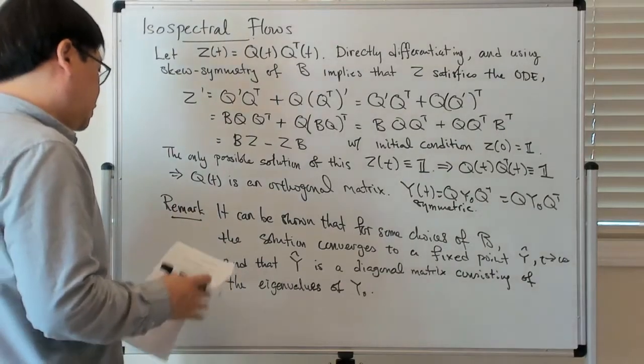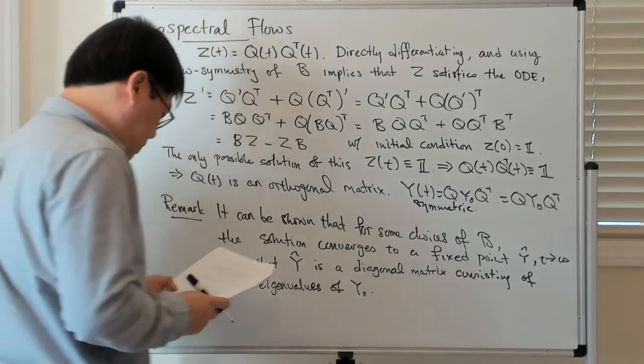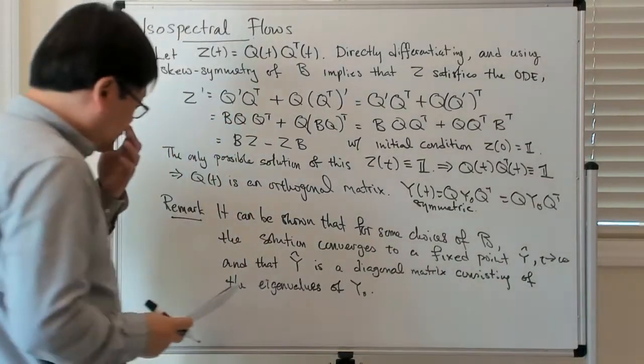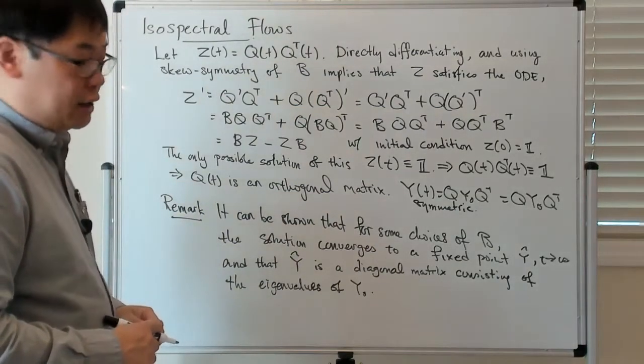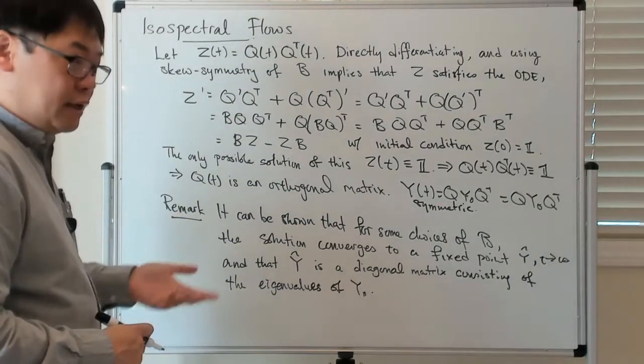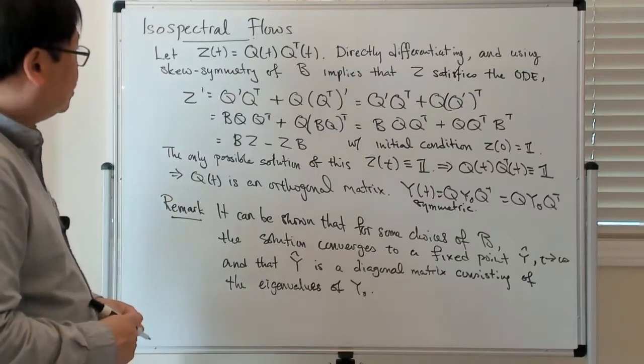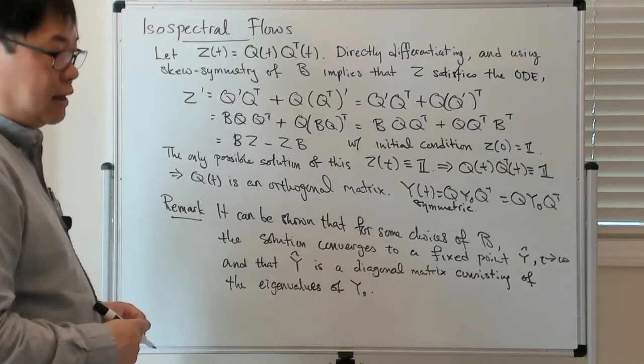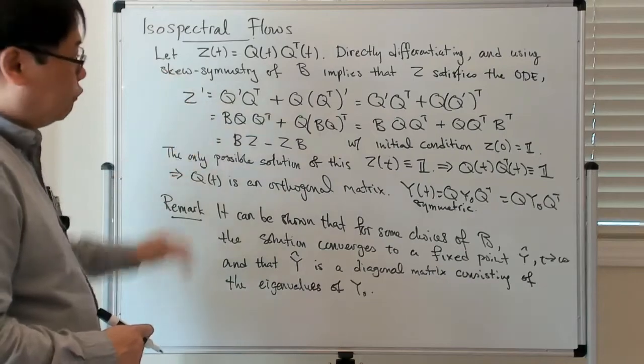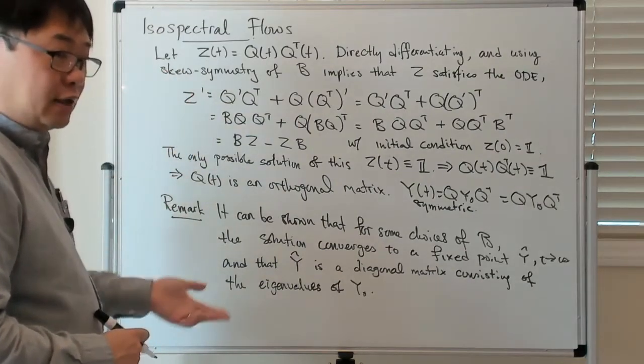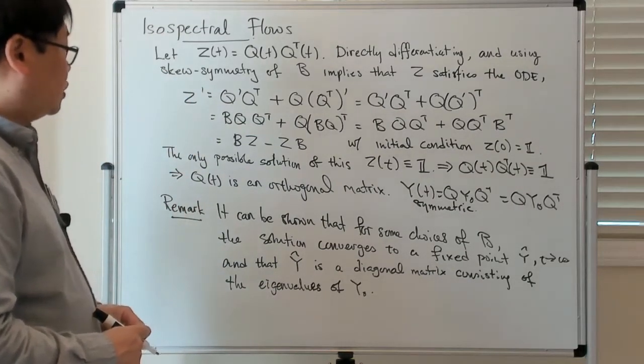But in order for such an approach to make sense, you need your numerical discretization to have the property that when discretizing an isospectral flow, the numerical method itself respects this isospectral property.